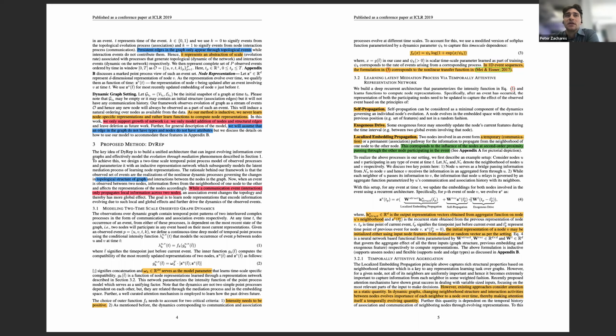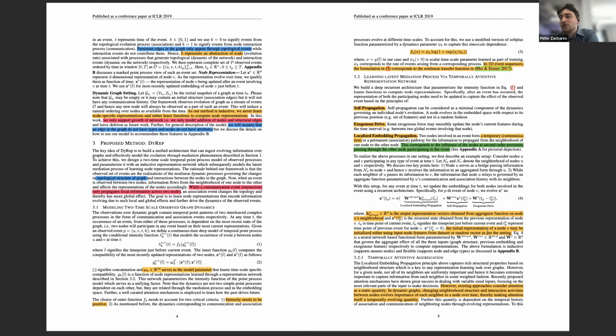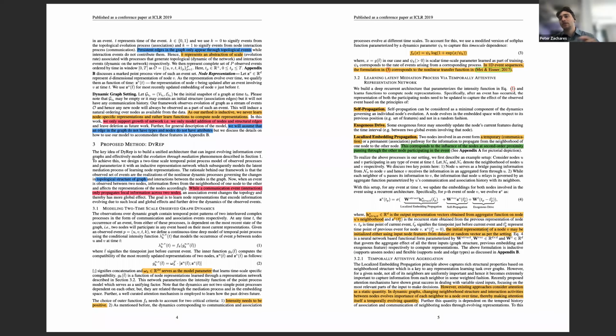Maybe that's why they include it. I'm not sure, but that could be a good reason for why they're including it, because their whole point is that using discrete time steps isn't useful or isn't as good. Maybe this was just the simplest way that they could create a system that uses continuous time.